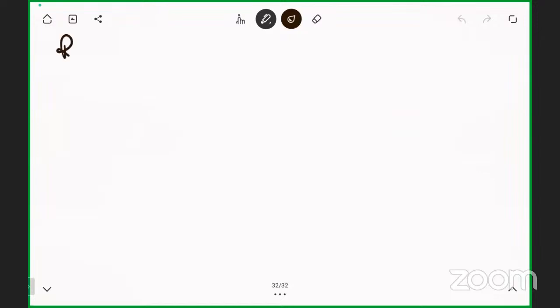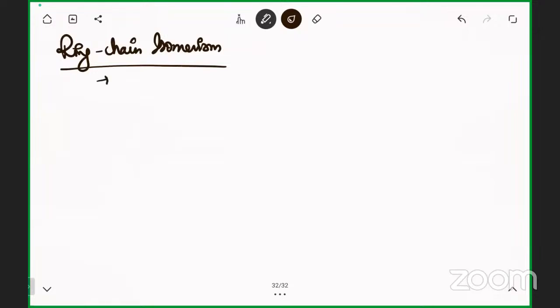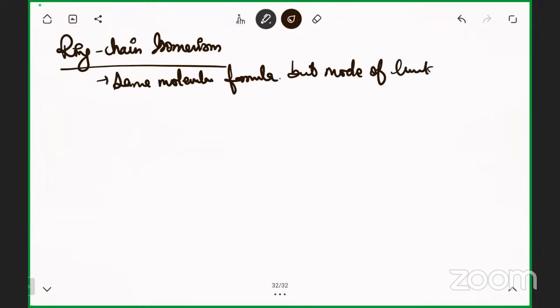Okay, next type is ring chain isomerism. So the compounds having the same molecular formula, but mode of linking is different. That is, forms a ring. For example, we can see C3H6.